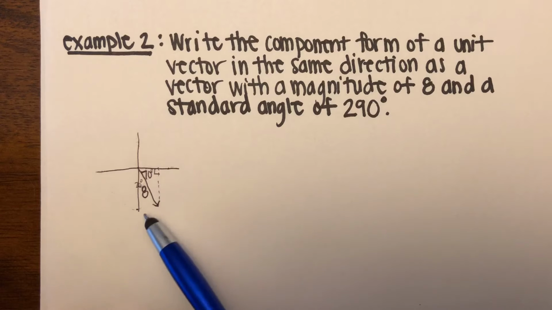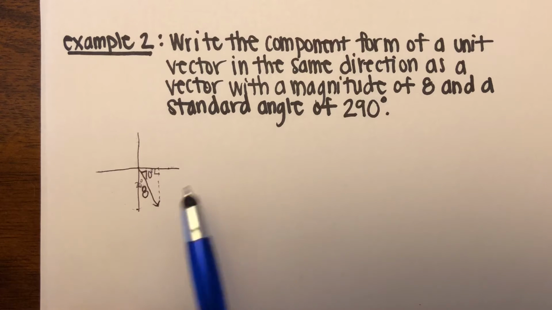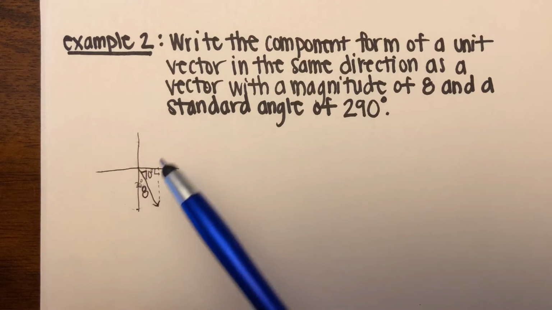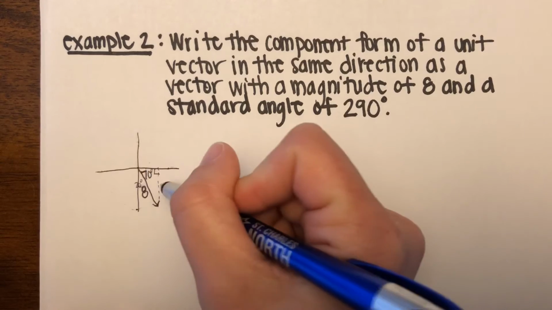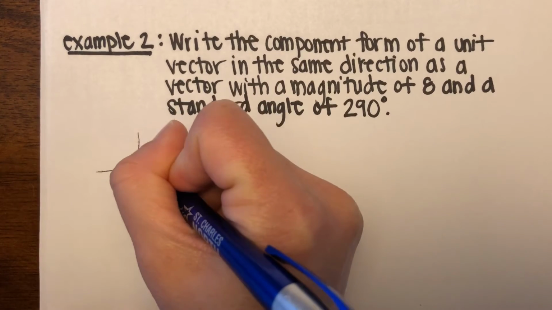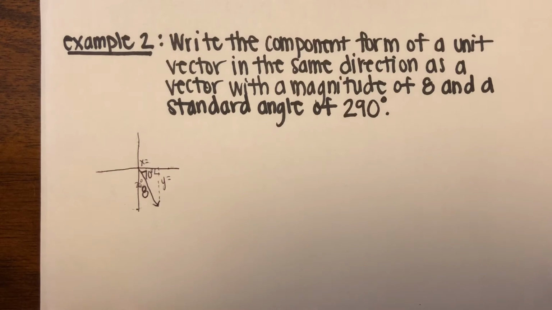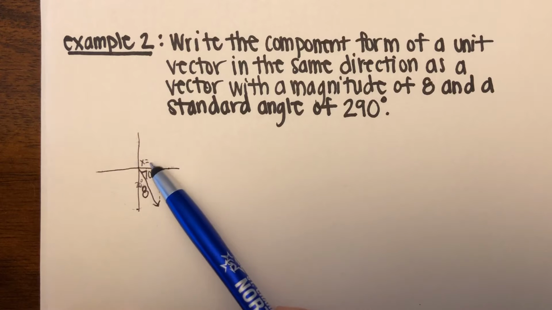Okay, so we know if we want to turn this into a unit vector, we have to divide all three sides by 8 to get this vector to have a length of 1 unit long. But we can't do that yet because we don't know the x and y components. So let's figure out the x and y components first. So there's x, there's the y component. So what we're going to do is use SOHCAHTOA to figure that out. Let's start with the x.